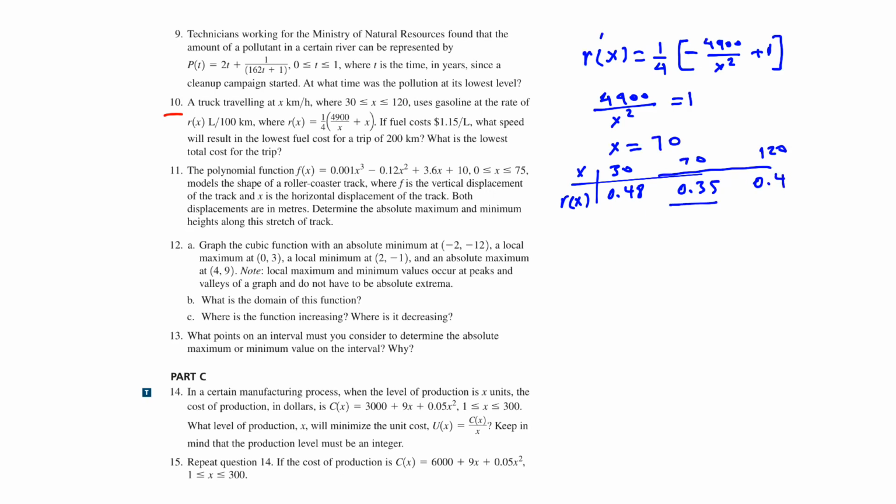The minimum rate is 0.35. So the speed of 70 kilometers per hour uses fuel at a rate of 0.35, which is 0.35 liters per kilometer, which is the minimum.